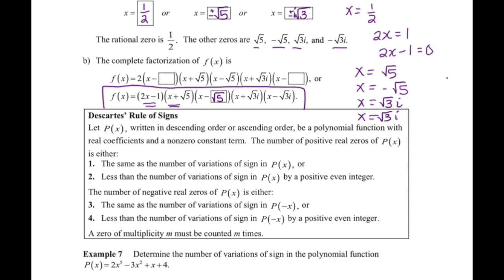We have a polynomial written in descending order. It has all real coefficients, and at the end we have a positive 4, so it's a non-zero constant at the end. How many times does our sign change? Well, here we go from a positive to a negative, so our sign changes one time so far.